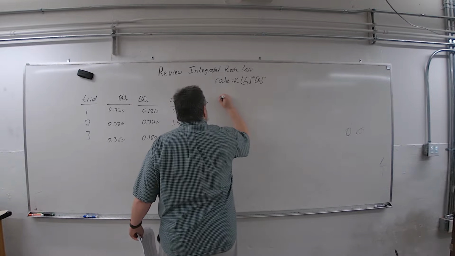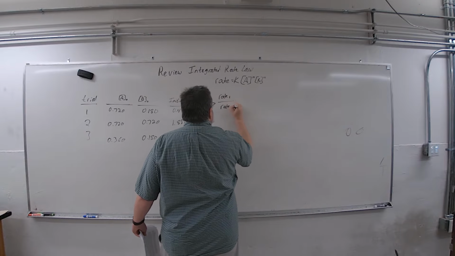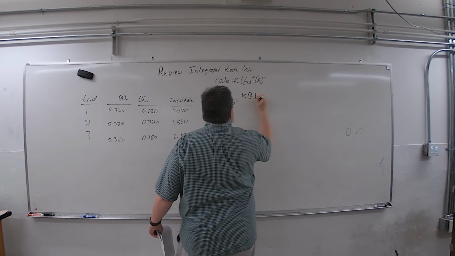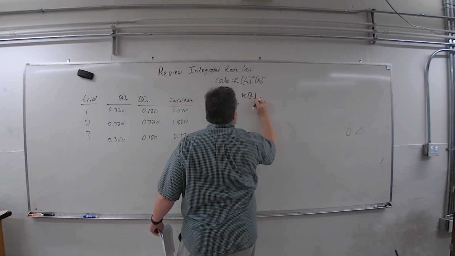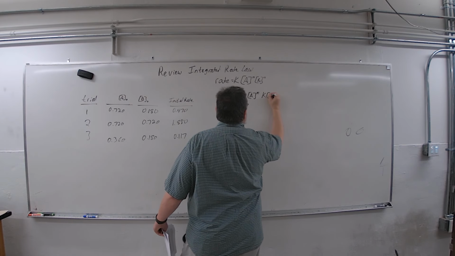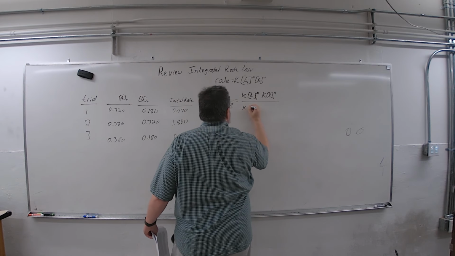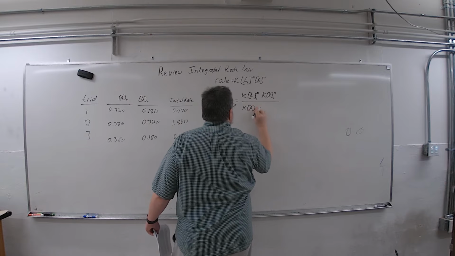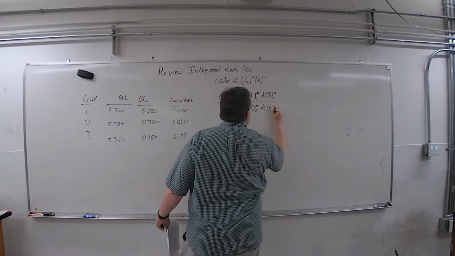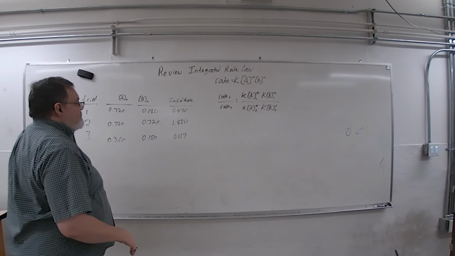So we're just going to go rate 1, rate 2, K, concentration A for 1, and we plug in the values.